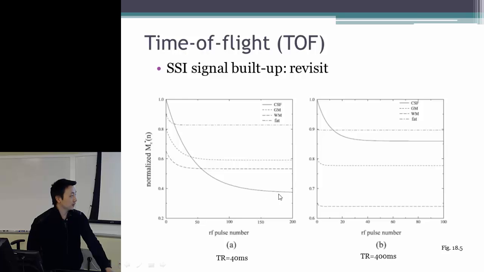If we collect the signal at this point, at the steady state, we will observe a lower blood signal than the tissues. So the idea of time of flight is that we obtain a high blood signal, the unsaturated blood signal, while we obtain the tissue signal at its steady state, which is lower.